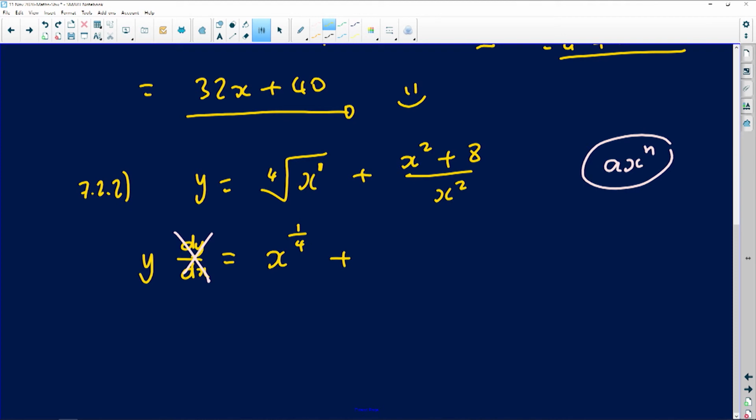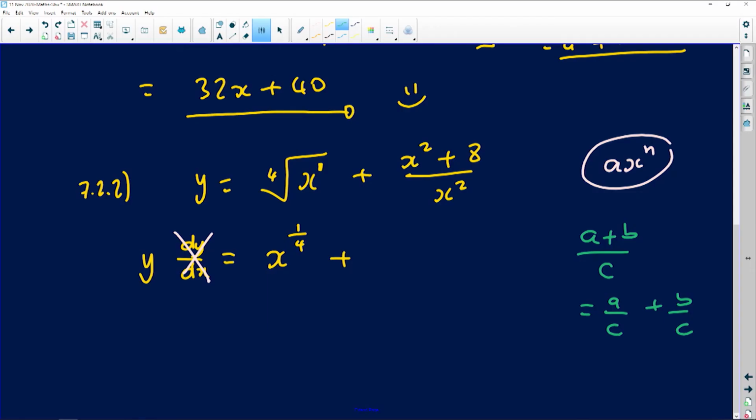Plus. Now here, my algebra comes in again. If you have a plus b divided by c, you can split this into a over c plus b over c. You guys need to understand these basics: algebra, substitution and solutions of equations. Those three things are big in your math. As long as your basics are okay and you can do solutions of equations, you will definitely do well in this paper.